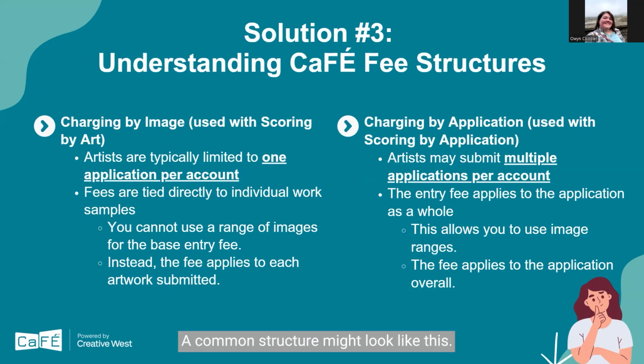A common structure might look like this: a minimum of 3 images for $15, with each additional image being an additional $5, up to a total of 6 images. So, still running with that example we used in the last solution.